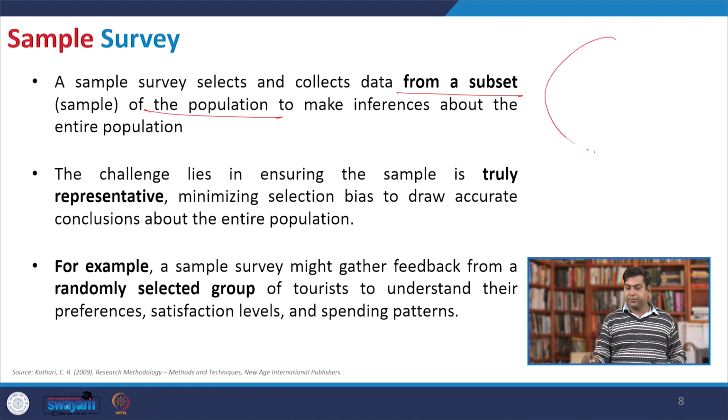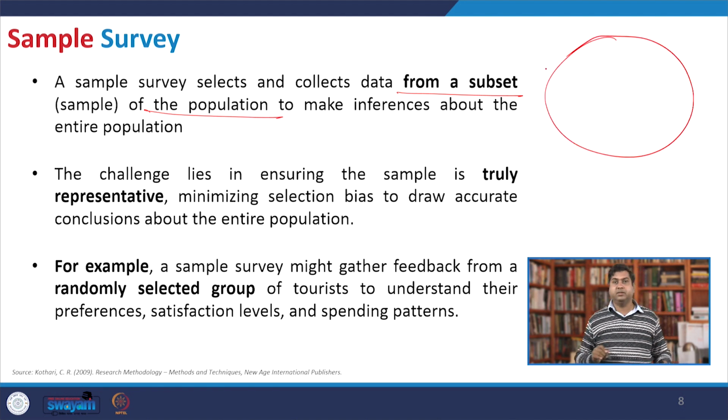So, if this is the population, you take out a chunk of it which is representative. A different example is how we celebrate a birthday with cake cutting, or sharing a pizza slice.